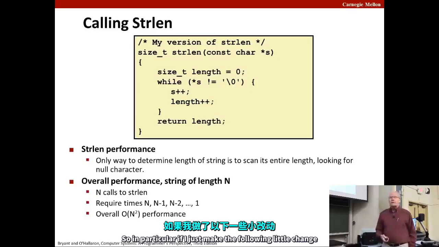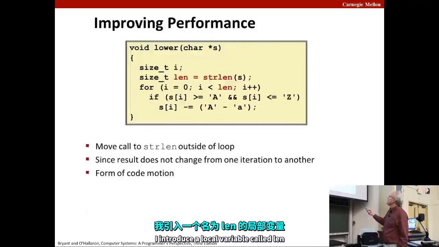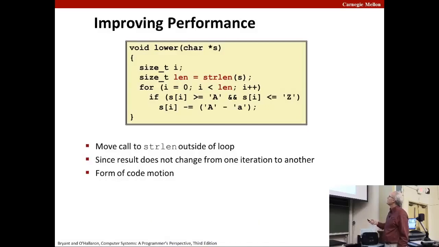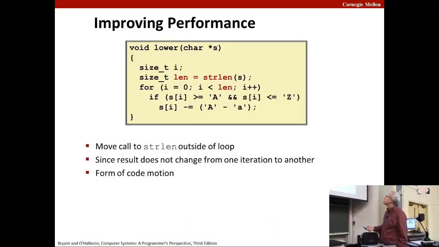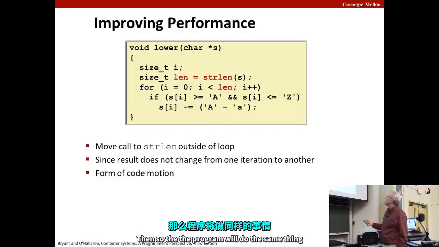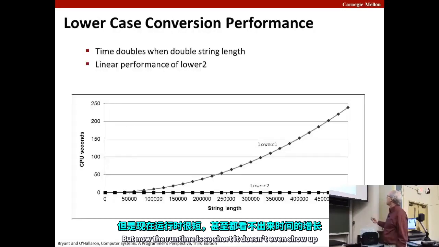So in particular, if I make the following little change, I introduce a local variable called glen, and I pre-compute strlen because the length of the string isn't changing. I'm just changing the characters in the string. The program will do the same thing, but now the runtime is so short it doesn't even show up.